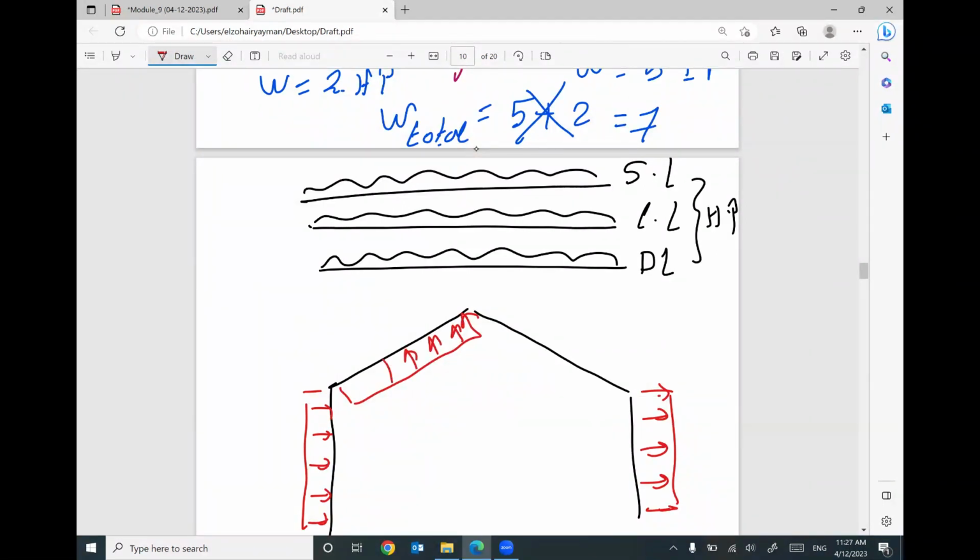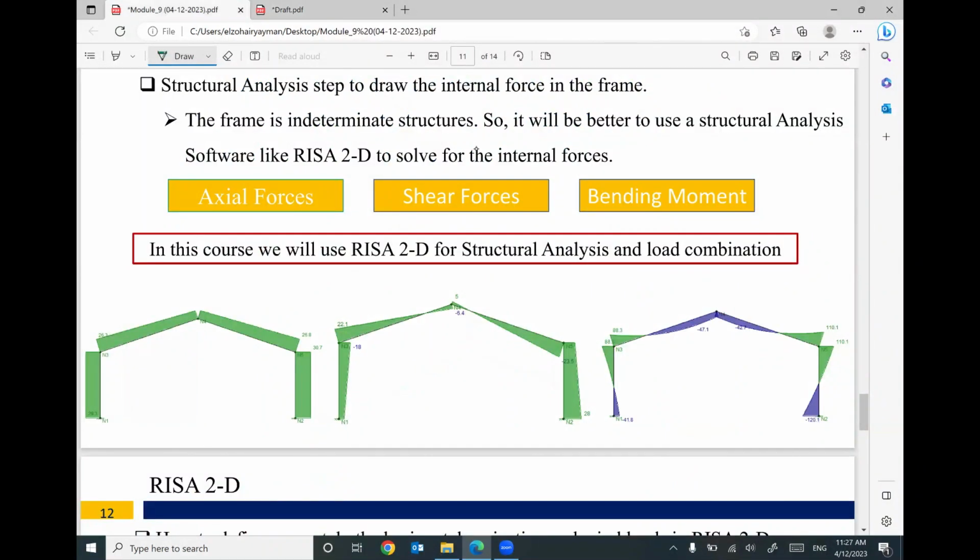This is for wind, and like this. We have all of them. I will open RISA 2D to draw my frame, define these loads, and analyze the frame.